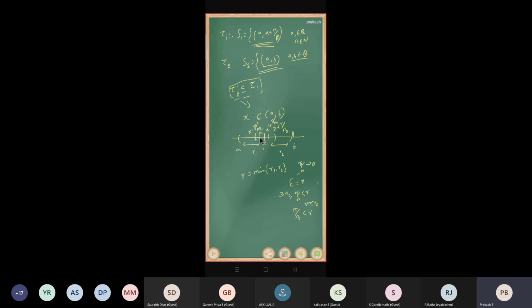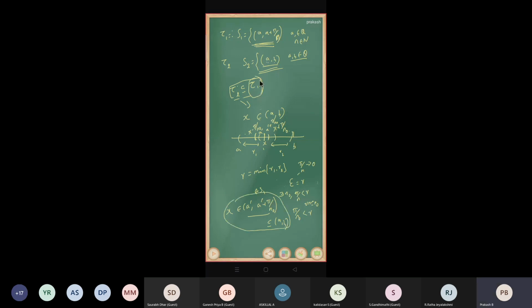So I have an interval (a dash, a dash plus pi by n naught) containing x, and it is contained in the open interval (a, b). Here a dash is a rational number, and this is an element of S1.